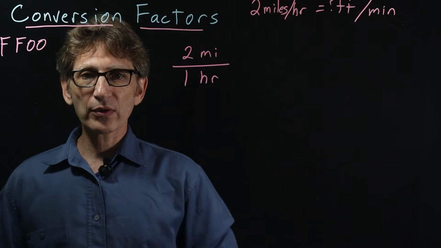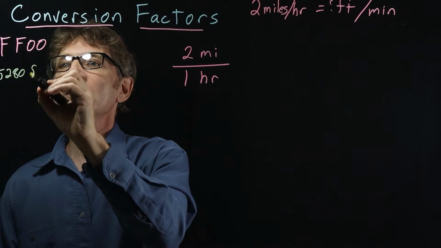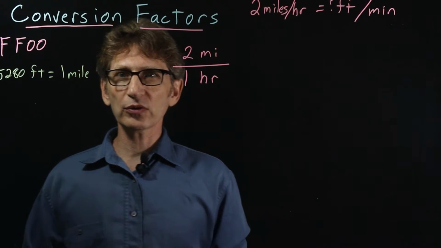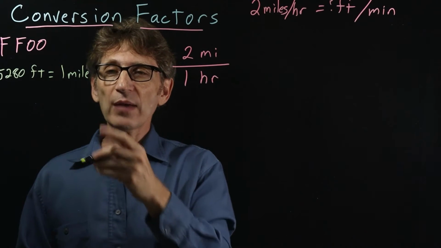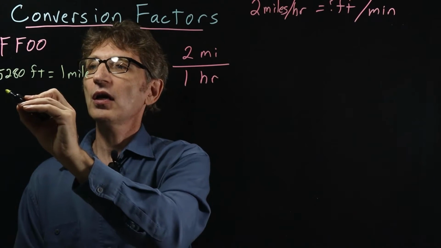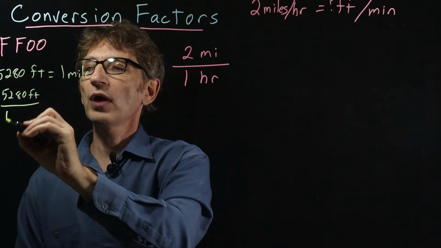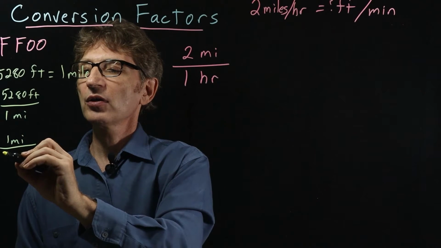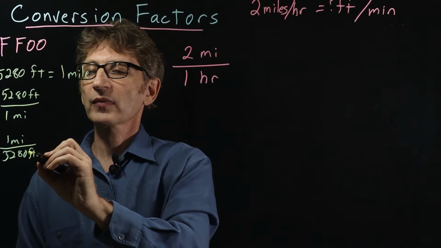You might remember that there are 5,280 feet in 1 mile. Maybe you don't. The cool thing is you can always look it up if you don't really remember. So that means I have a conversion factor of either 5,280 feet over 1 mile or 1 mile over 5,280 feet.